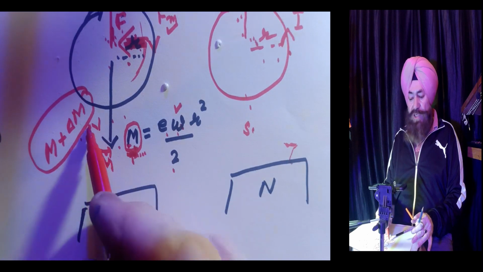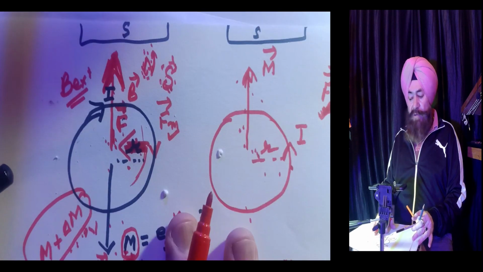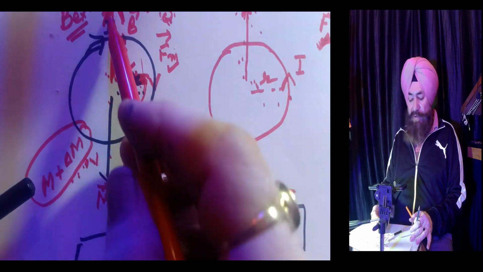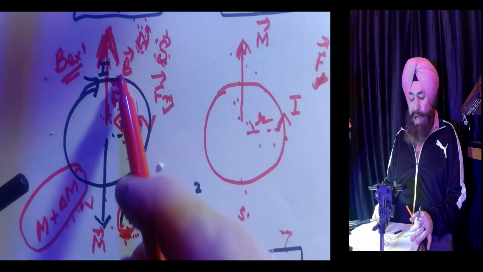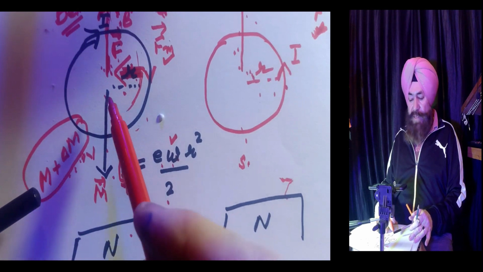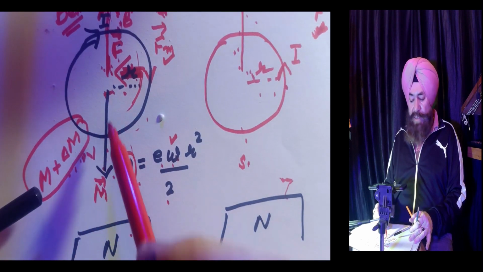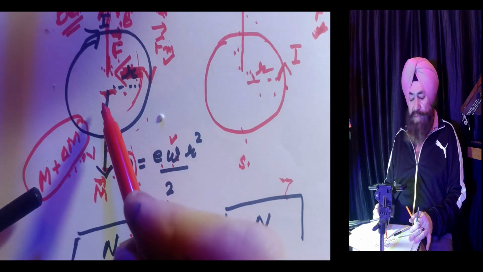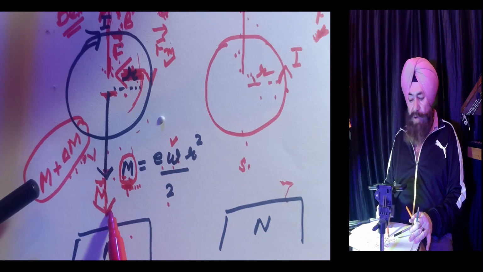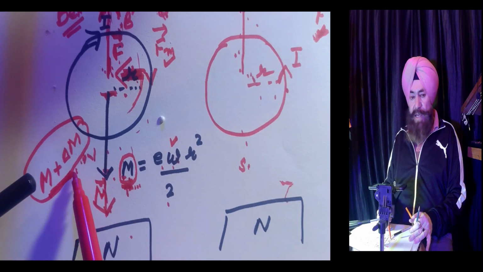Delta m is the change in the magnetic moment because of the external applied field, which is along the up direction. So this magnetic moment increases. I had shown it with this length of the line, now I will show it with a bigger length of the line because it is now m plus delta m.